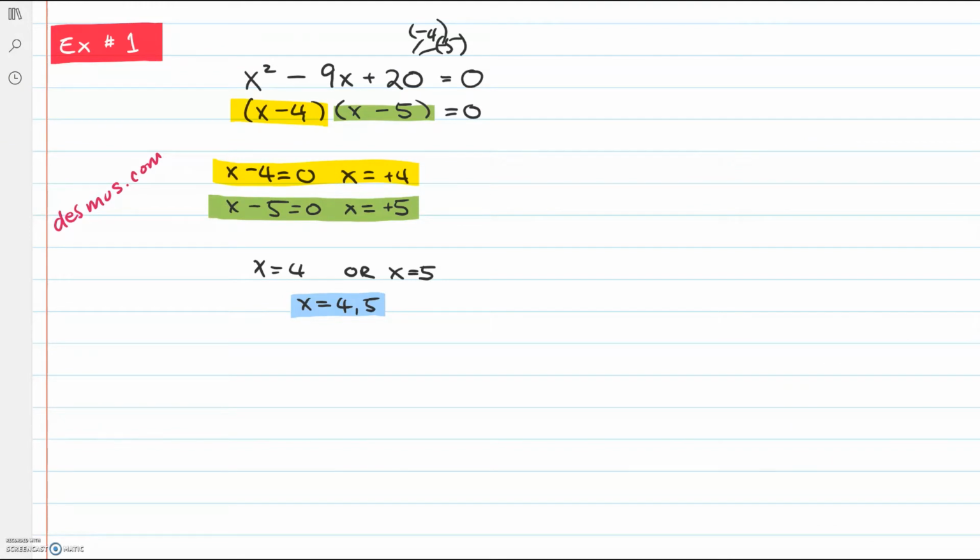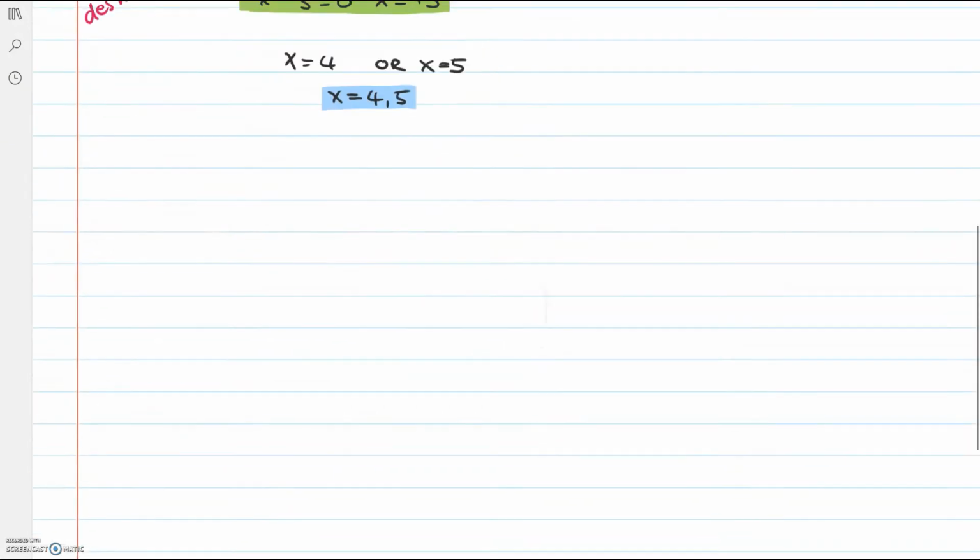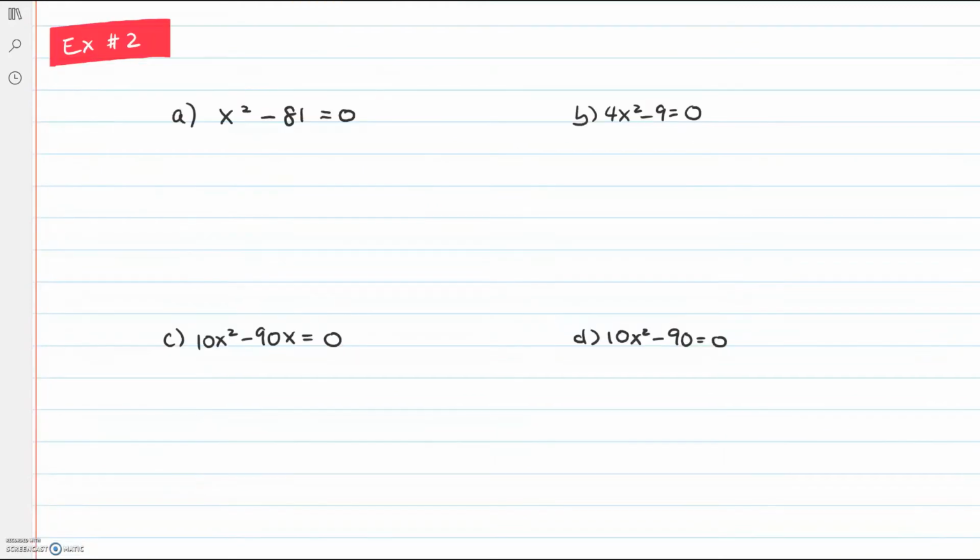So let's try a few other equations here. This is also just a great review for us, okay? So let's look at A: x squared minus 81 equals 0. So this time we're actually solving for a difference of squares.